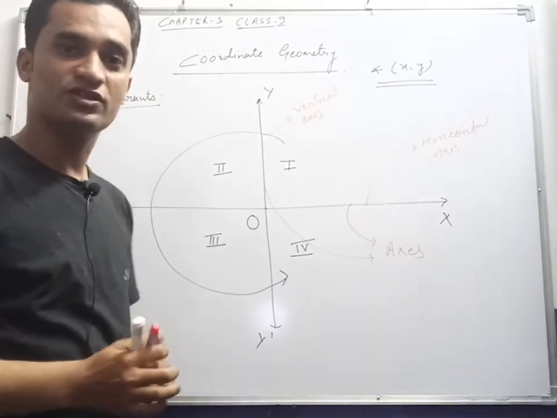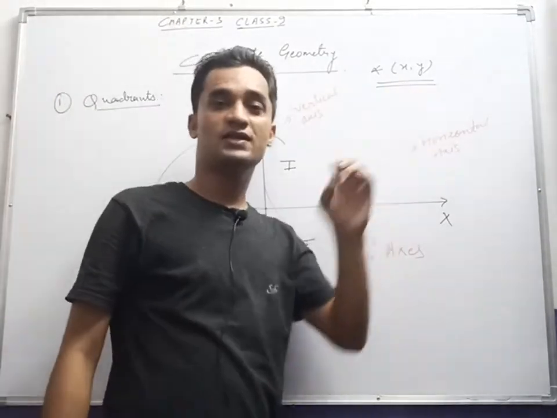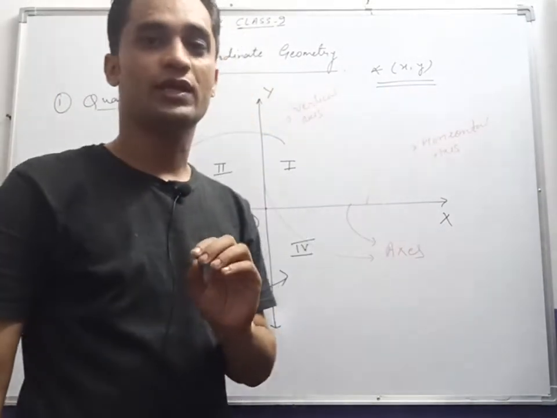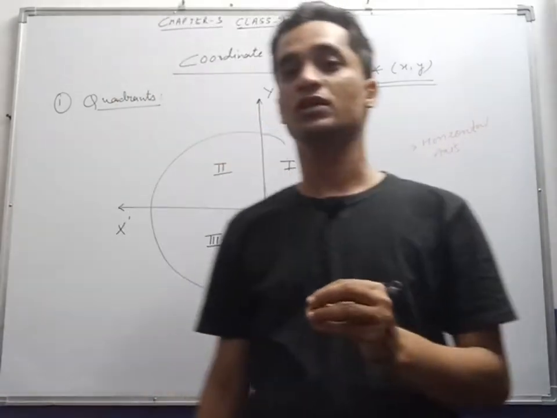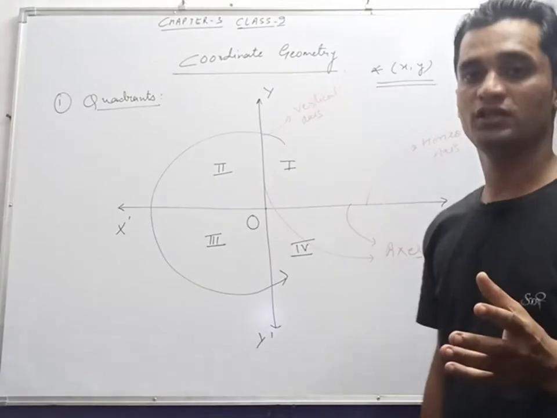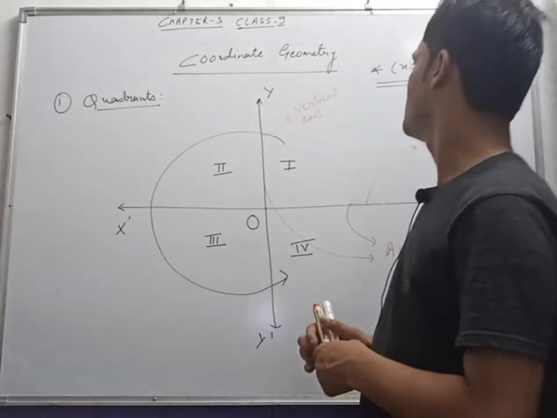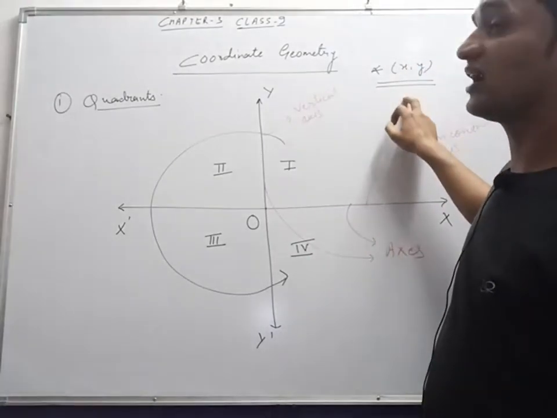It means the first value is always of x and the second value is always of y. The first value will always be of the x-axis, and the second value will always be of y.